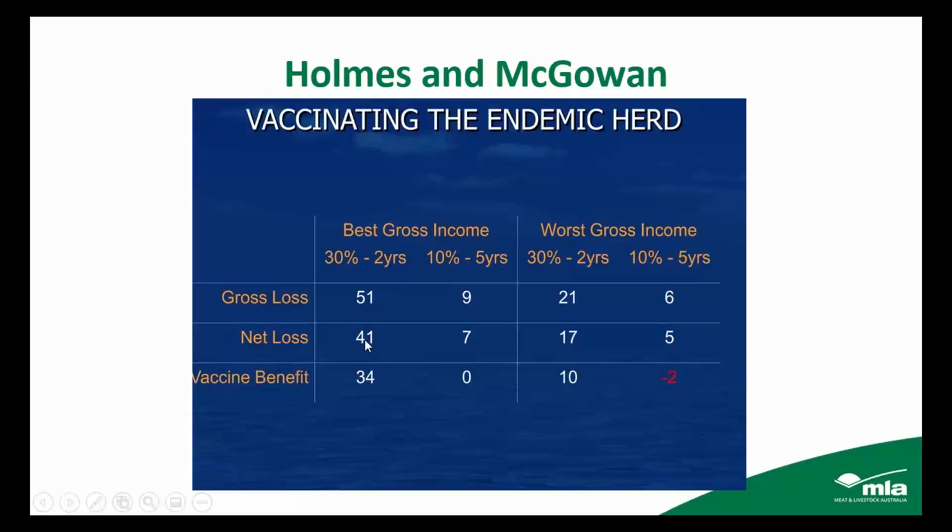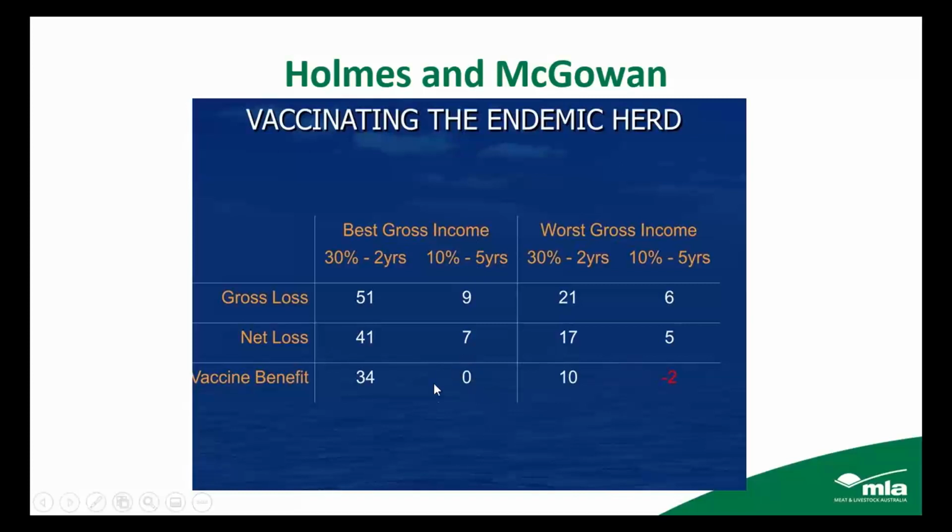Again, Phil Holmes and Mike McGowan said that the vaccine benefit for a highly efficient herd that was being hit every 2 years is $34 per cow across the entire herd. I'm sorry, the vaccine benefit, not the vaccine hit. And if there's a lower percentage, but it's only been hitting them every 5 years, it's down to 0.